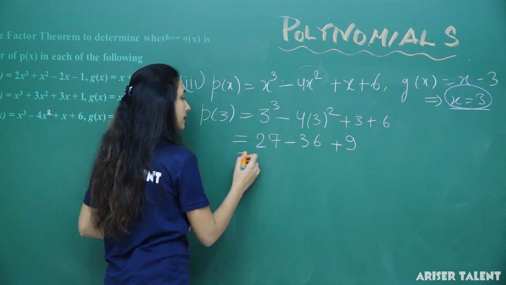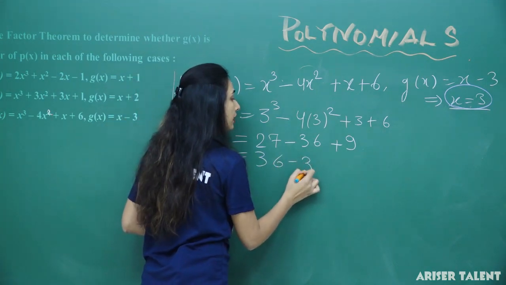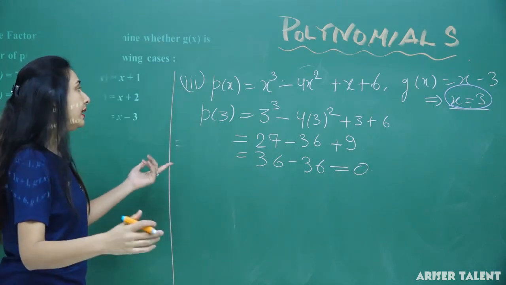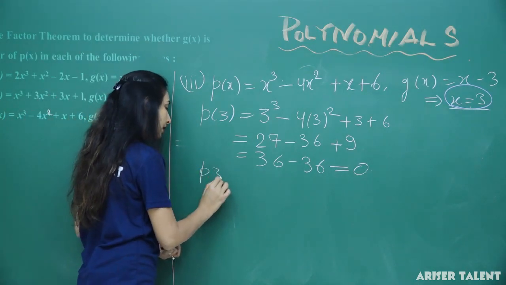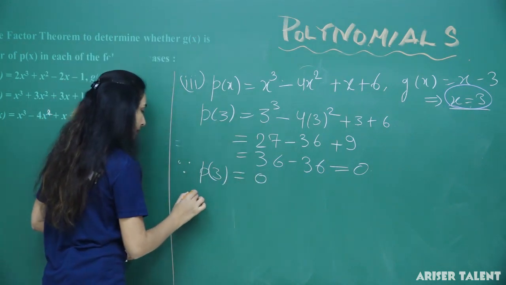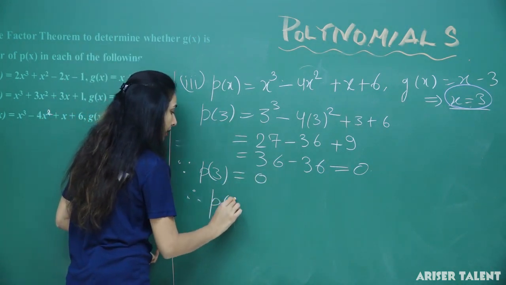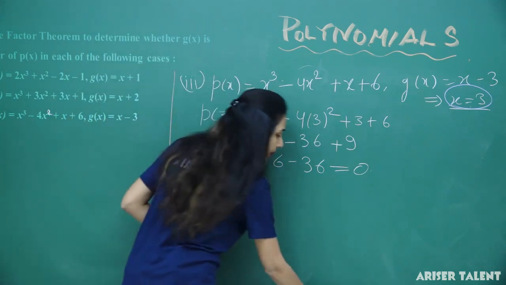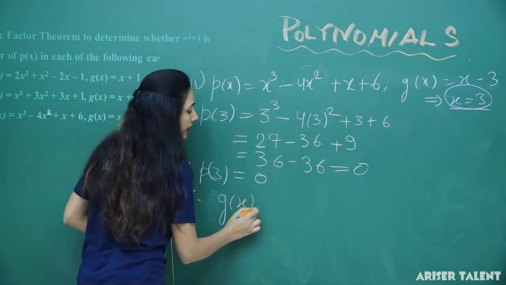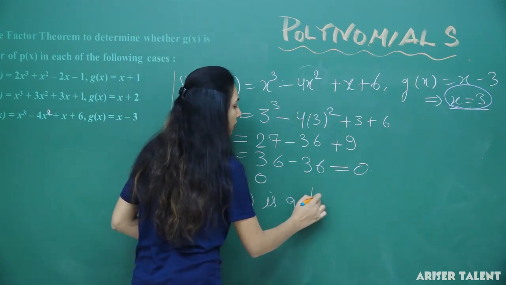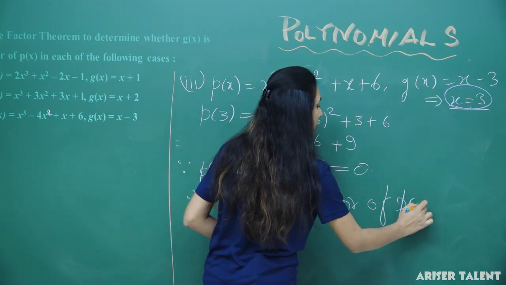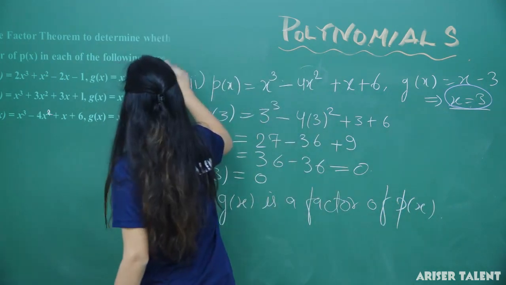Now this is 36 and minus of 36 will give you 0. Now if it is 0, then p(3) equals 0, that means this g(x) is a factor of p(x). What does that mean?